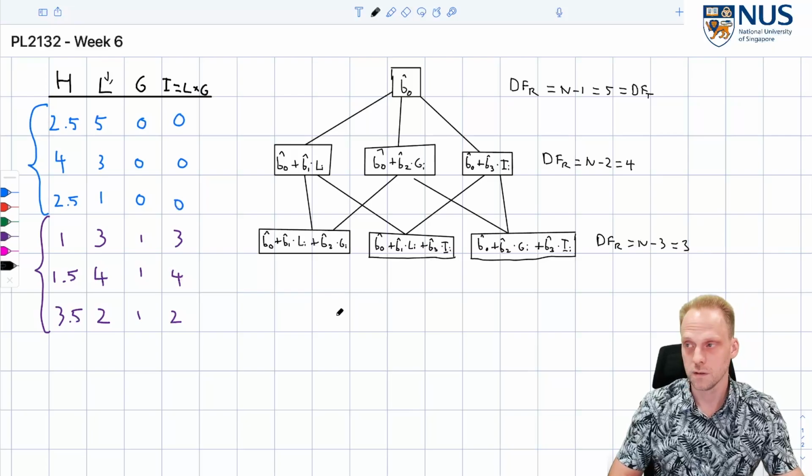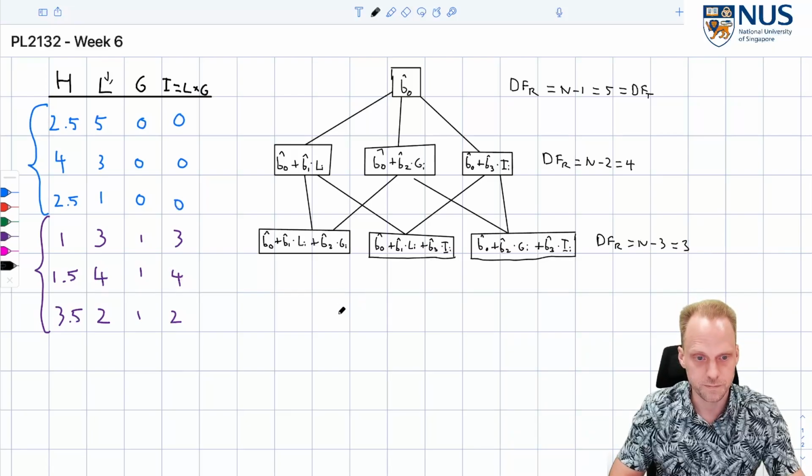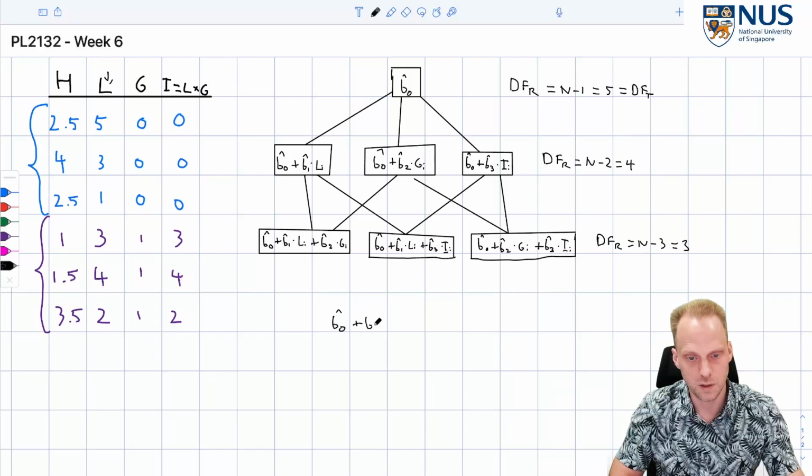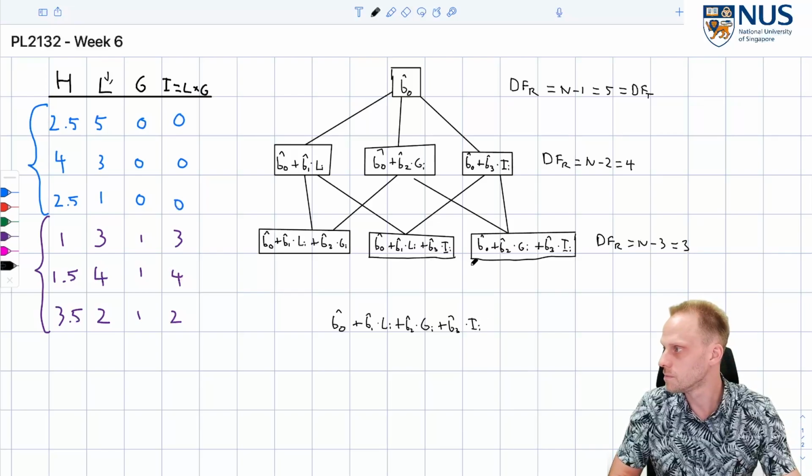And now finally, we can do our final model, where we have B0 plus B1 times the loneliness, plus B2 times the group membership, plus B3 times the interaction effect.